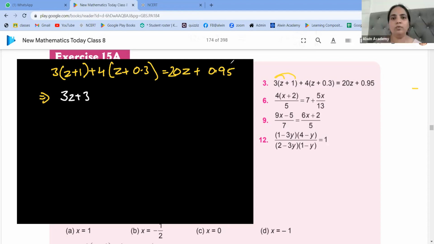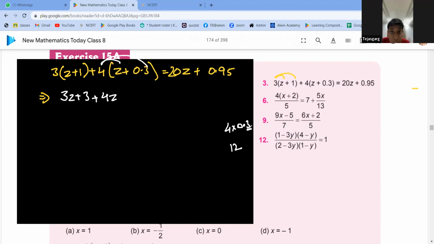Now 4 times z is 4z, and 4 times 0.3. Let's solve this on the side. What is 4 times 0.3? 4 3s are 12, right? Now there is one digit after the decimal point, so I'll put a point, leaving one number only from behind.